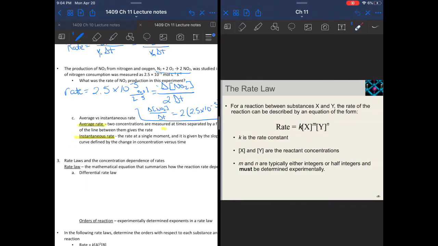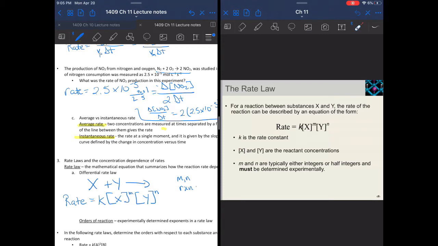If you have some reaction, X and Y reacting to form products, your rate law is going to be rate equals k, where k is your rate constant, times the concentration of X raised to some exponent times the concentration of Y raised to some exponent. These exponents are orders, or reaction orders, right?